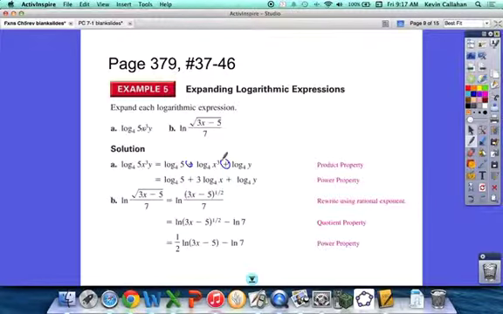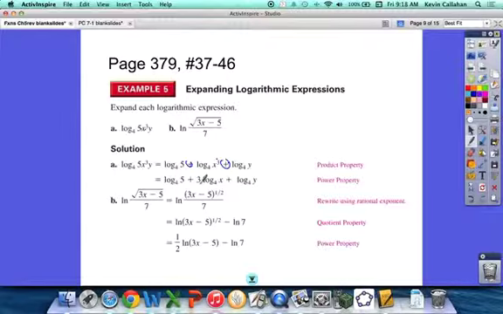The logarithm of a product is the sum of the logarithms of the factors. Now there's one more property you can use. Once this 3 is the exponent for the entire argument of the logarithm, then you can pull that in front as the coefficient. So that 3 there, now it's here. That's expanding.